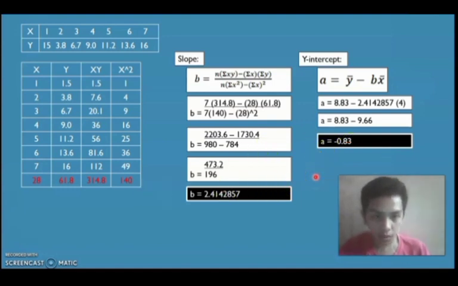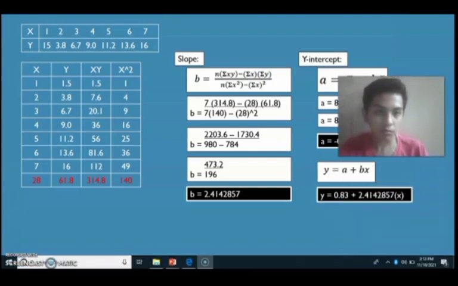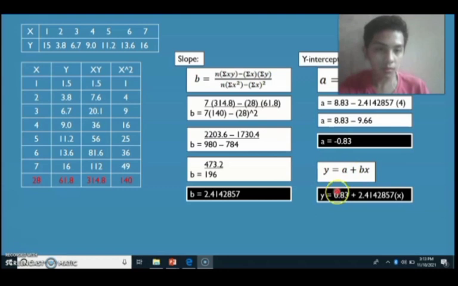Now let's check them. Let's use this formula to check them. We have a, which is negative 0.83, plus 2.41 and the x value. Let's try them.